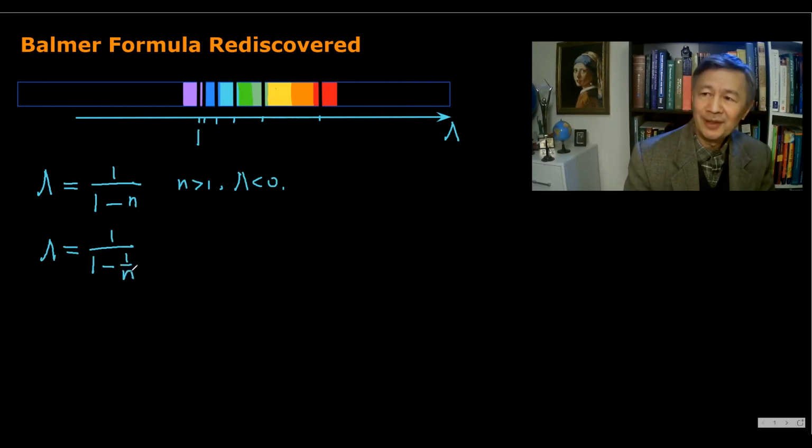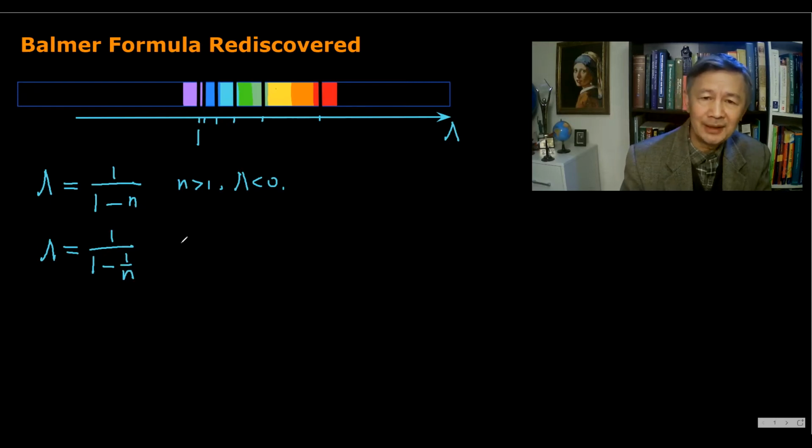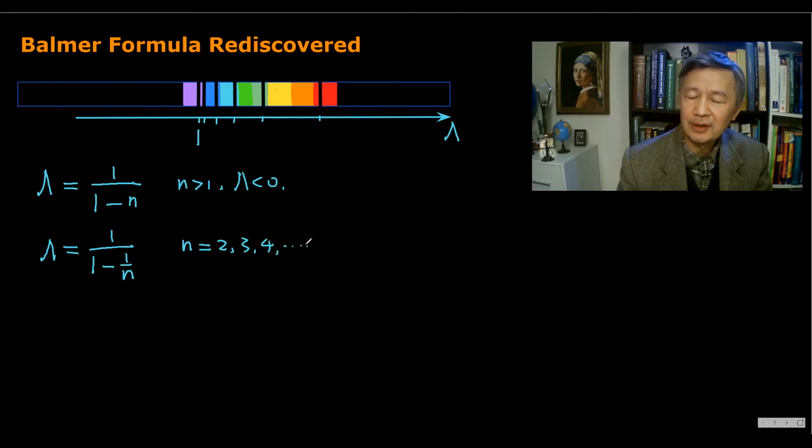Perhaps this is one of the first trials Balmer used in his work. In this case, n can be an integer larger than 1, say 2, 3, 4, and so on.